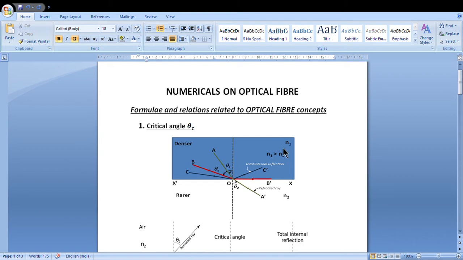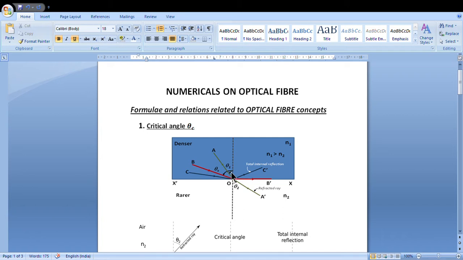Let XX' be the boundary between the media N1 and N2. Let the incident ray AO make an angle theta1, which is the angle of incidence for this ray.